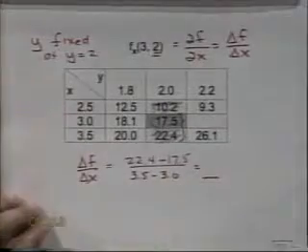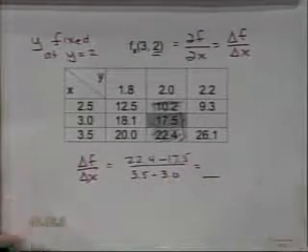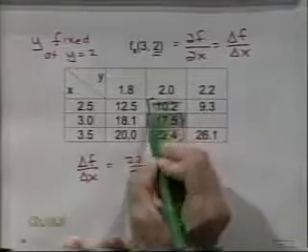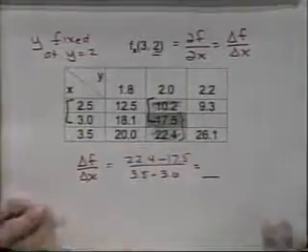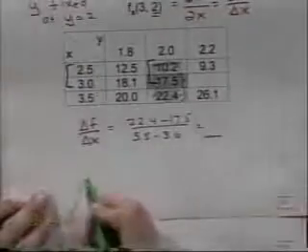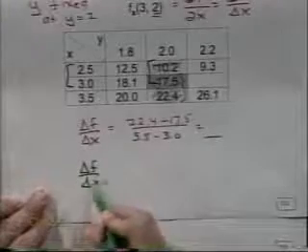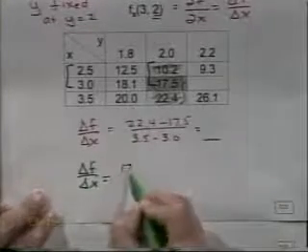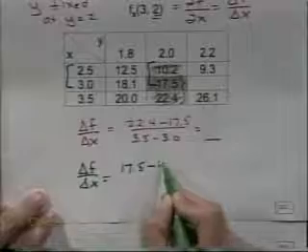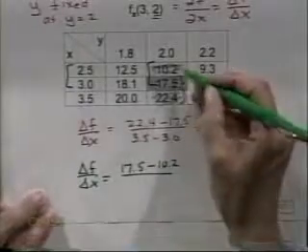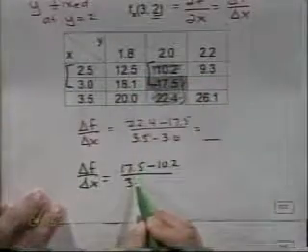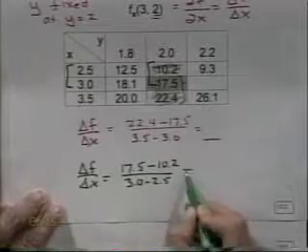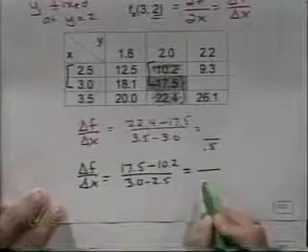Or I also could do these two values. So I would get change in f over change in x would be 17.5 minus 10.2, and if I go this minus this, I go 3 minus 2.5, which gives me 0.5. Both of these have 0.5 in the denominator.